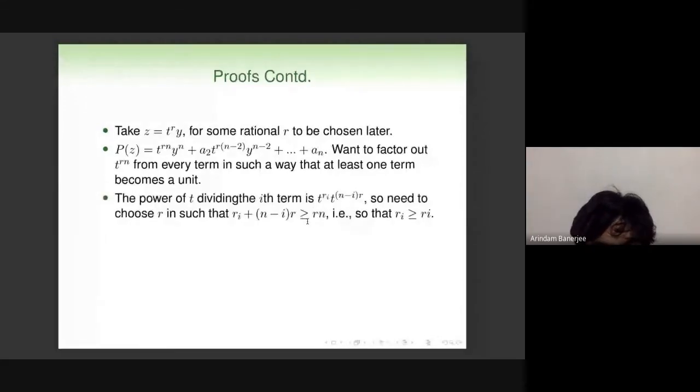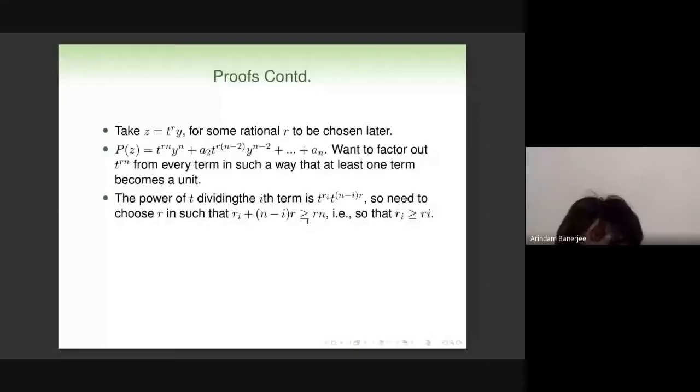The power of t dividing the ith term is t^(ri) times t^((n-i)r). So we need to choose r in such a way that ri + (n-i)r is greater than or equal to rn. That is, so that ri/i is greater than or equal to r. So basically set r equal to the minimum of ri/i.